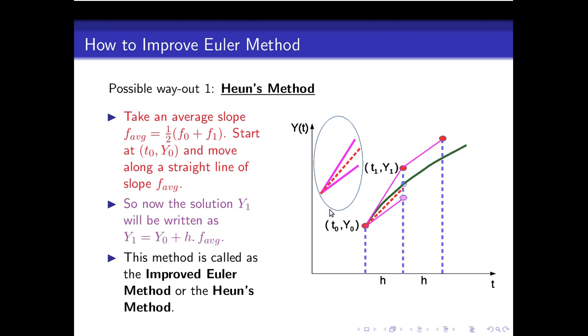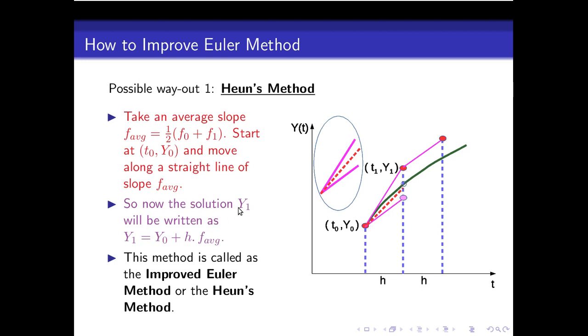That is what has been explained here. Look, we have encircled this part of the figure. This is the slope here, and this slope is parallel to this one, and this part has been drawn here, and we just take the average of these two slopes and move from t0, y0 along this average slope, and immediately you notice that you reach very close to the exact solution.